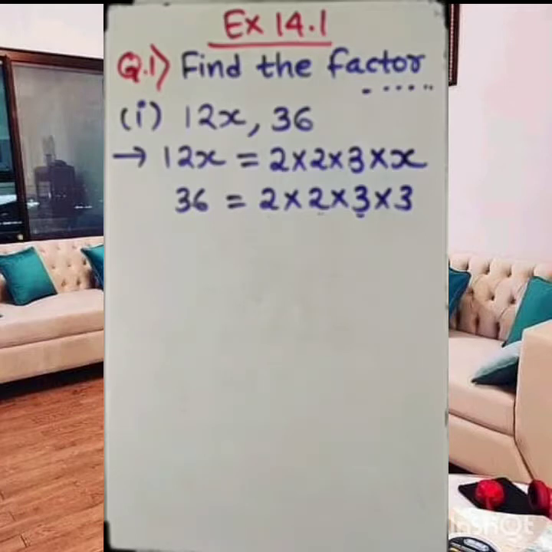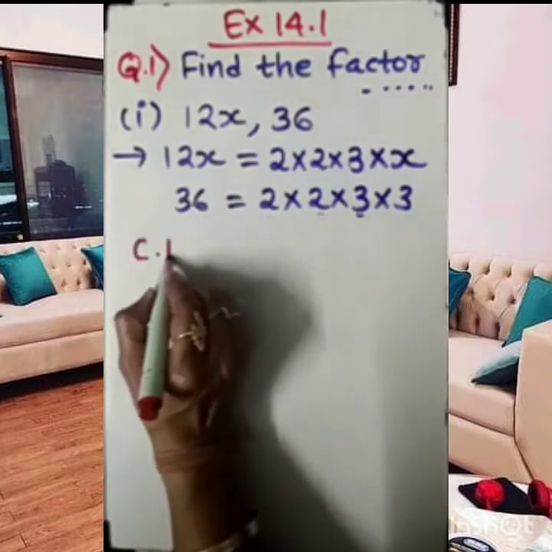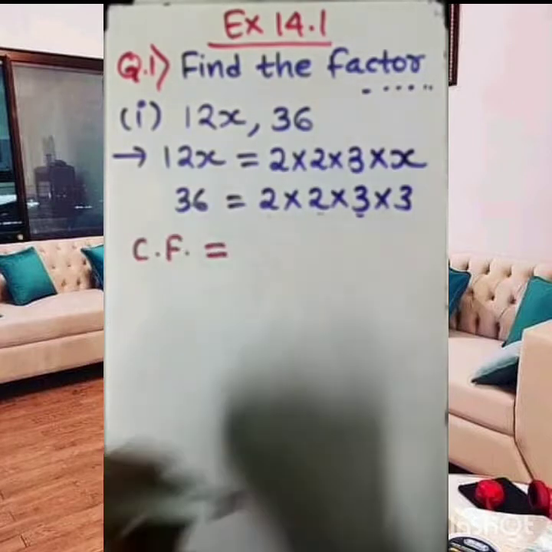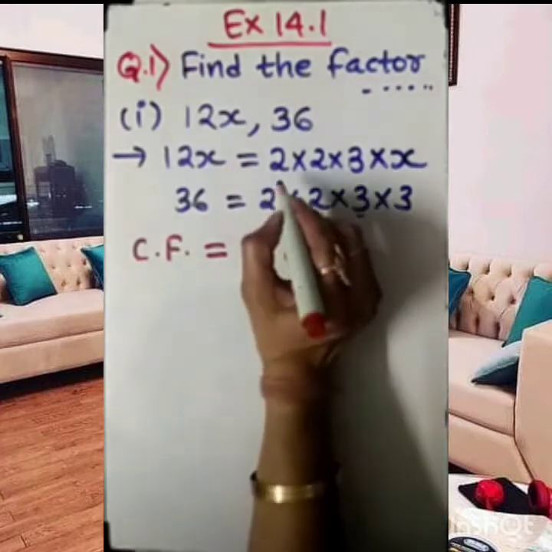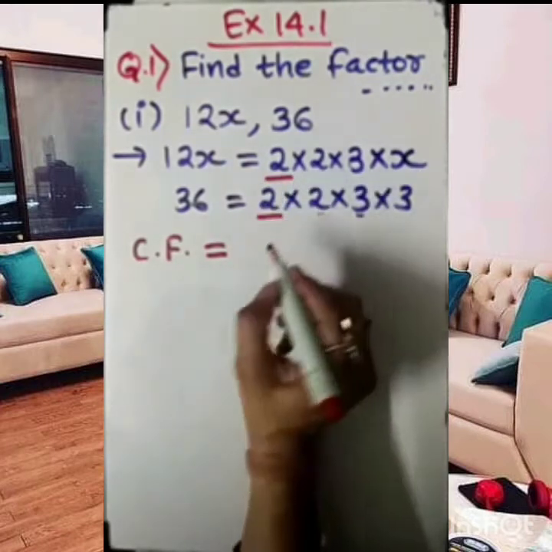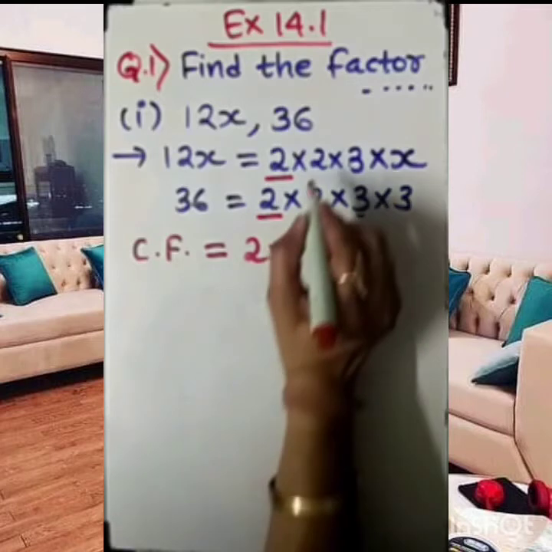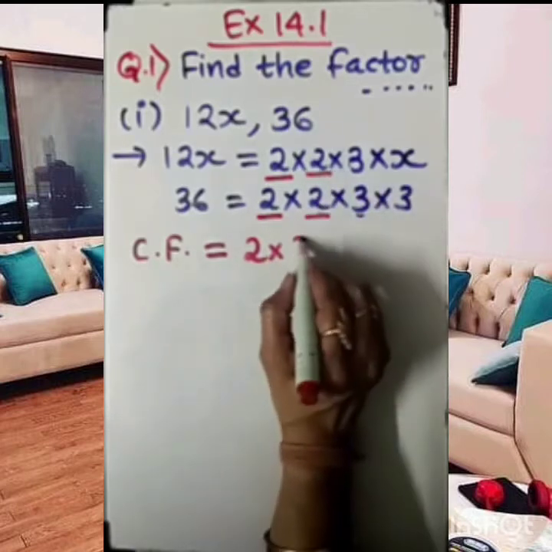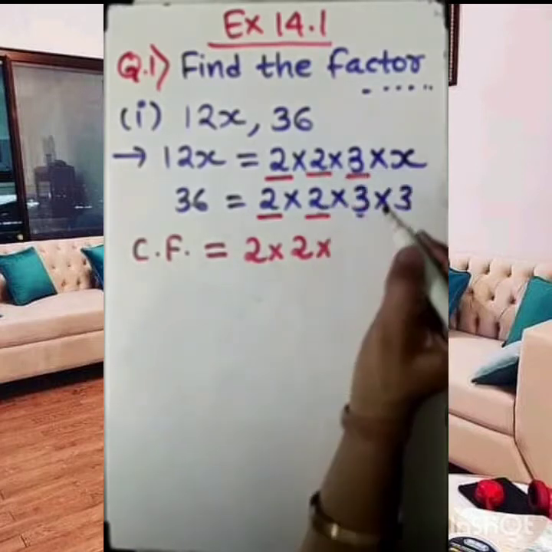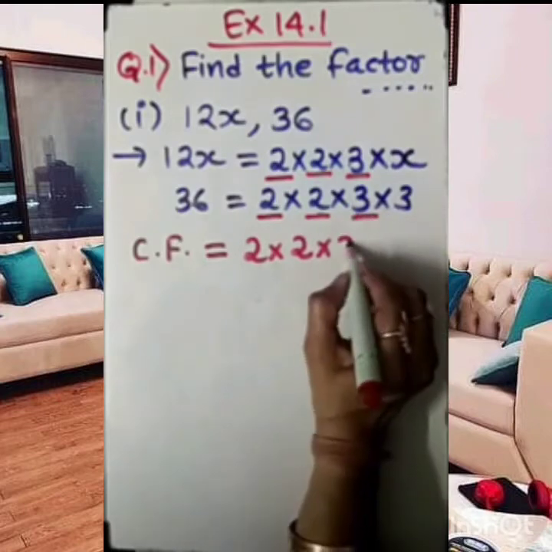Now we need to mention the common factor of them. So we need to write here common factor equal to. Which are the common factors? You can see here 2 and 2 is common. Here also 2 is common. Here 3 is present, and in this also 3 is here.